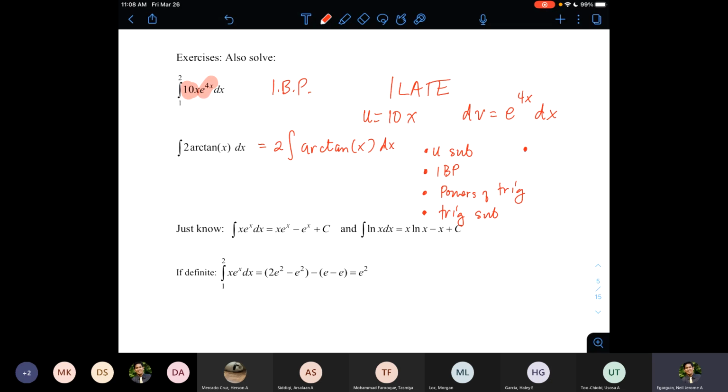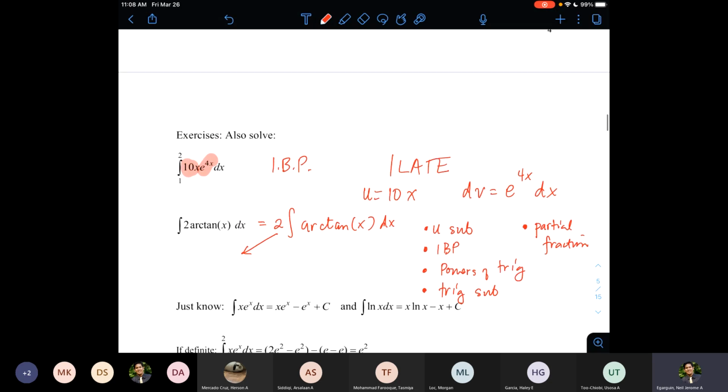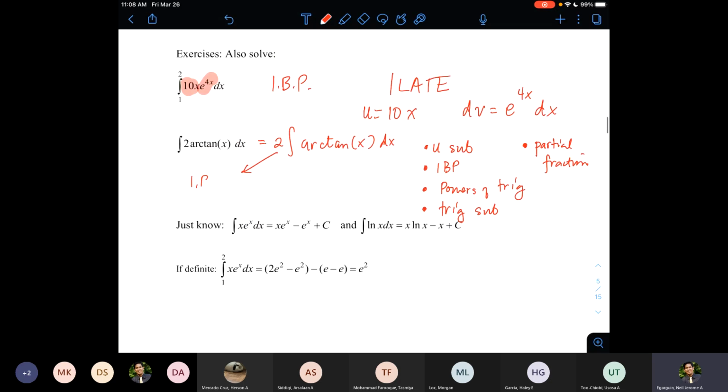And then what's the other one? The last one I think is partial fractions. Is this the last one? Yeah, partial fractions, as the name implies, we should have a fraction, but here we don't have a fraction. So essentially here you'll use IBP because that's the only plausible thing here. All the others are impossible except for IBP, because for IBP, our only condition is to choose a function u and a function dv, right?